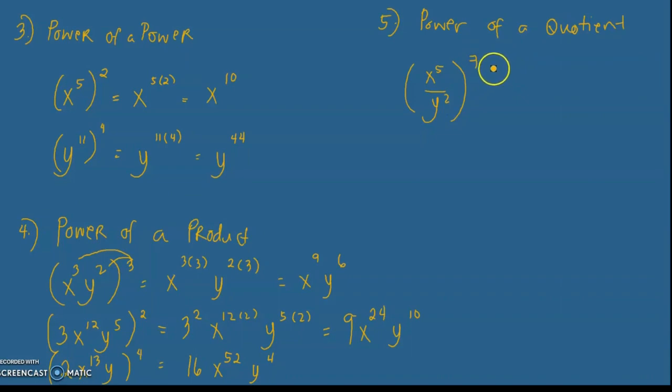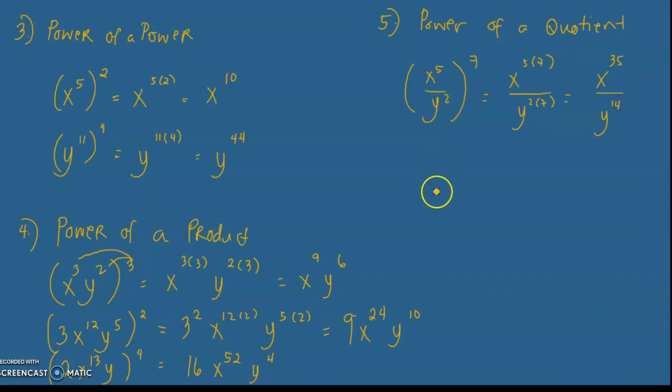So, basta usapan, lahat ng nasa loob ng parentheses, lalagyan po natin o isi-share natin yung nasa labas. So, that is x raised to 5 times 7 all over y raised to 2 times 7. So, that will be x raised to 35 all over y raised to 14.